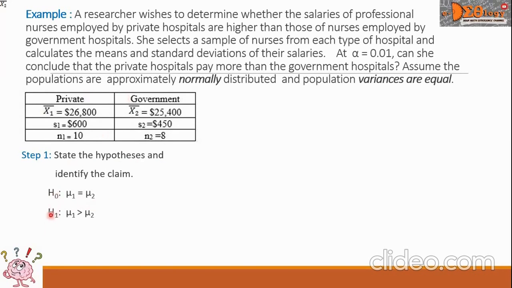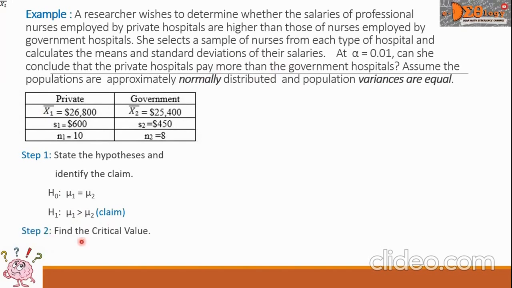And H sub 1 is the alternative hypothesis, mu sub 1 is greater than mu sub 2. We put here the greater than symbol because in the question the words "more than" are written, and this is a one-directional inequality. And in the problem, this alternative hypothesis is the claim.